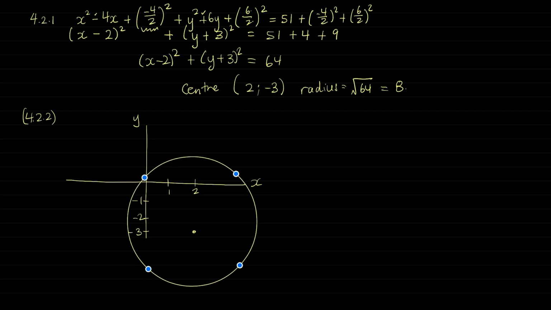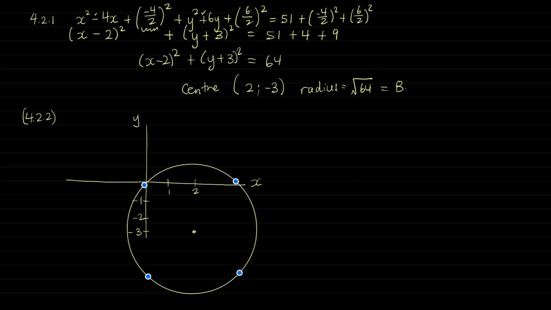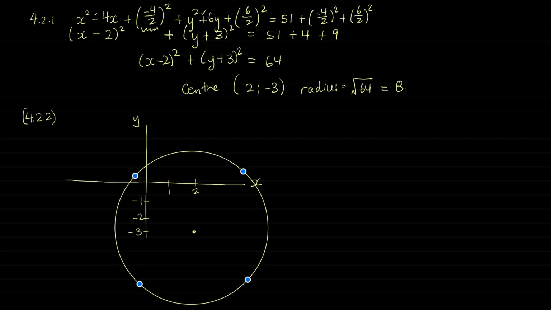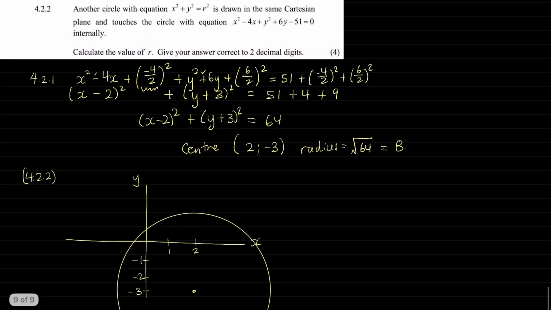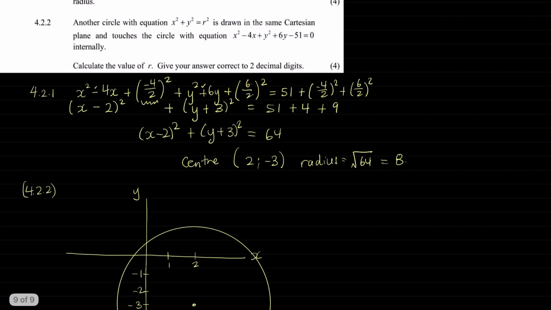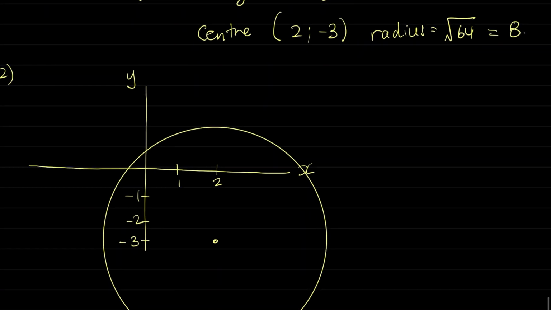And now we have another circle. Let's make this slightly bigger. And the other circle is x squared plus y squared. So x squared plus y squared tells me that the center is the origin. So that other circle has a center at the origin.